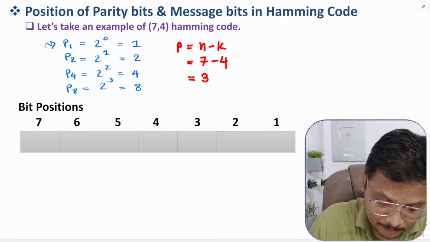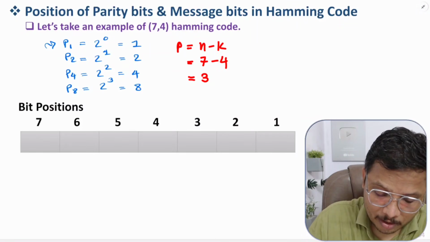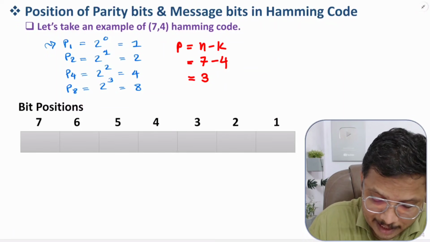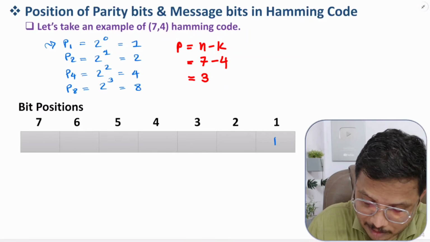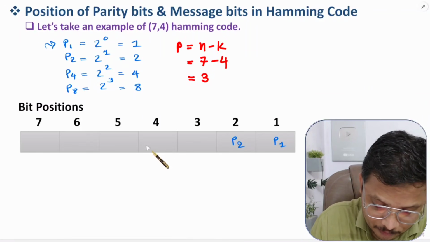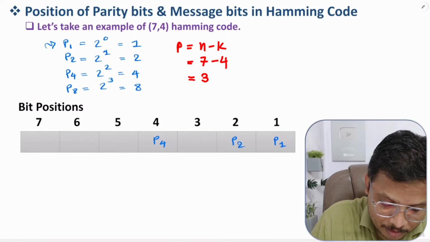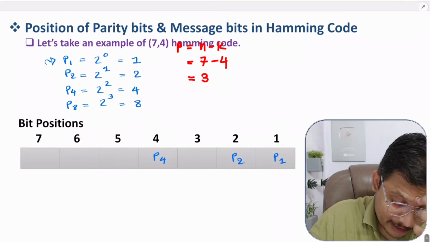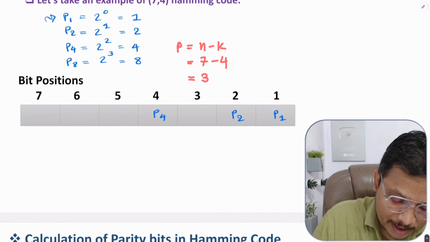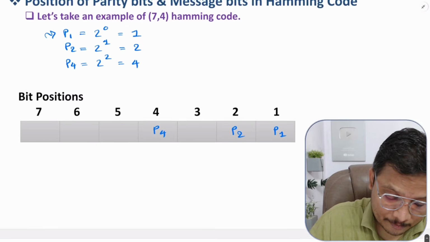And here we have the (7,4) Hamming code. So I'll be placing the parity bits as P1 at the first position, P2 at the second position, and P4 at the fourth position. But we don't have 4 parity bits here, we have 3 parity bits, so you don't need P8 over here, right?